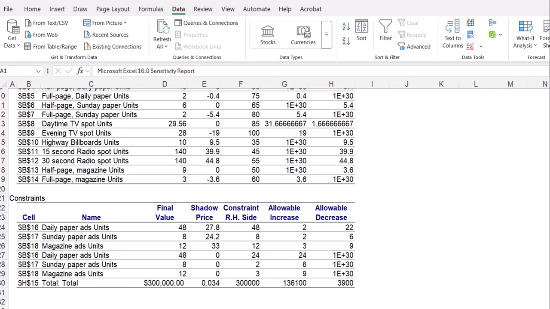You can see I have allowable increase or decrease. When you look at the others, that 1E plus 30, remember that scientific notation. And so what I'm looking at is if I have the left-hand side of the constraint equal to the right-hand side, I'm binding. So hopefully that will help you read that sensitivity report, because I'm asking you which of these constraints are binding for each of the three scenarios.